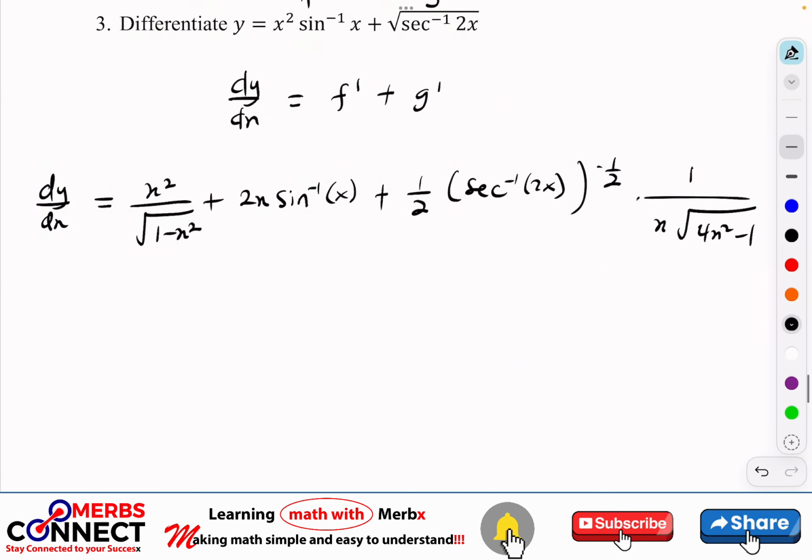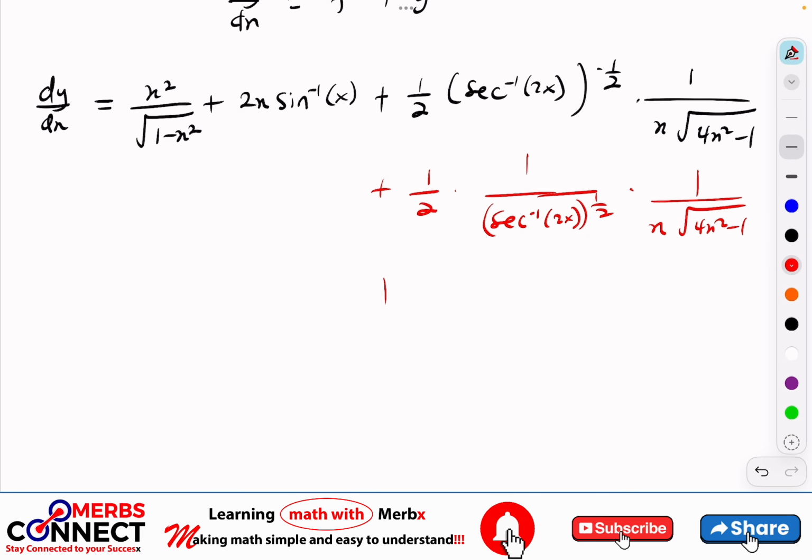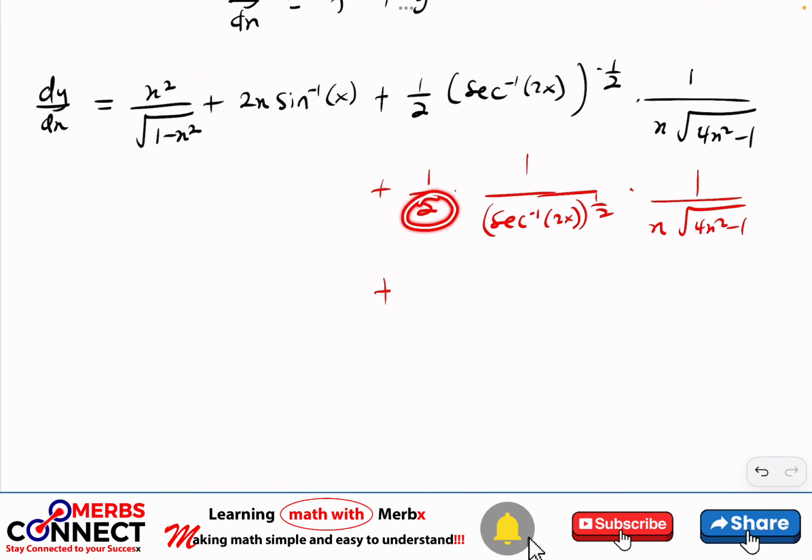If you want to, this is going to give us plus 1 over 2 times 1 over secant inverse of 2x to the power 1 over 2 times 1 divided by x square root of 4x squared minus 1. And you can also say that this is the same as, so I'll multiply all the denominators together.